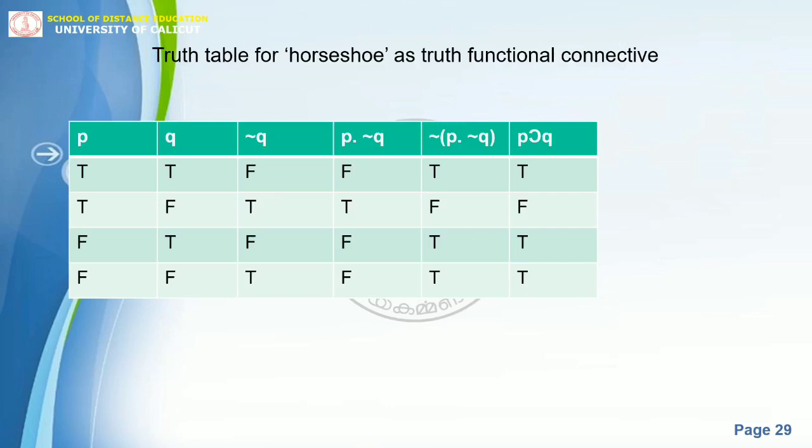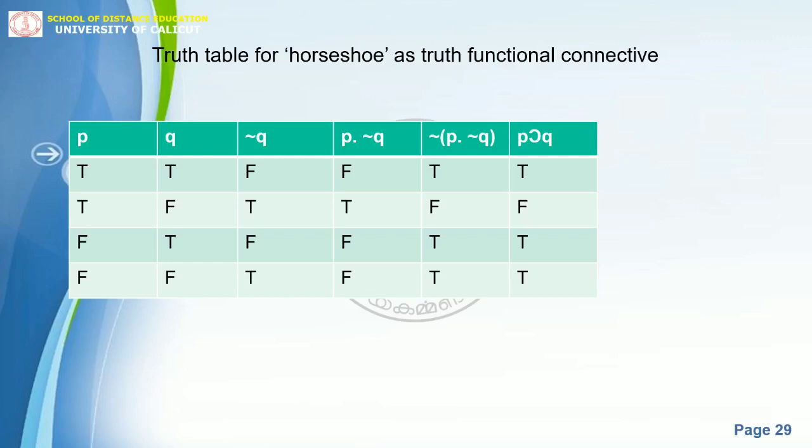From the truth table given here, we can understand the meaning of the new symbol, the horseshoe. It is equivalent to negation of P conjunction negation of Q. As before in the truth table, if P is true and Q is true, then negation Q is false, P dot negation Q is false, and the negation of P dot negation Q is then true.